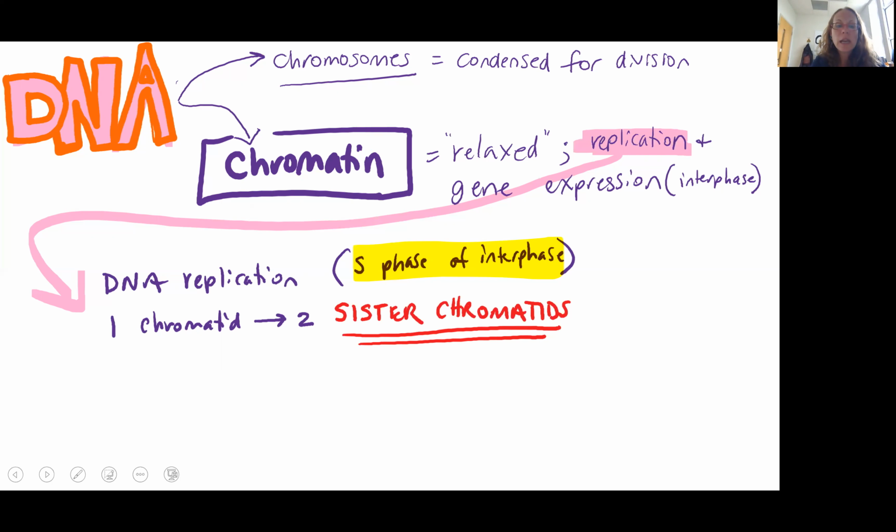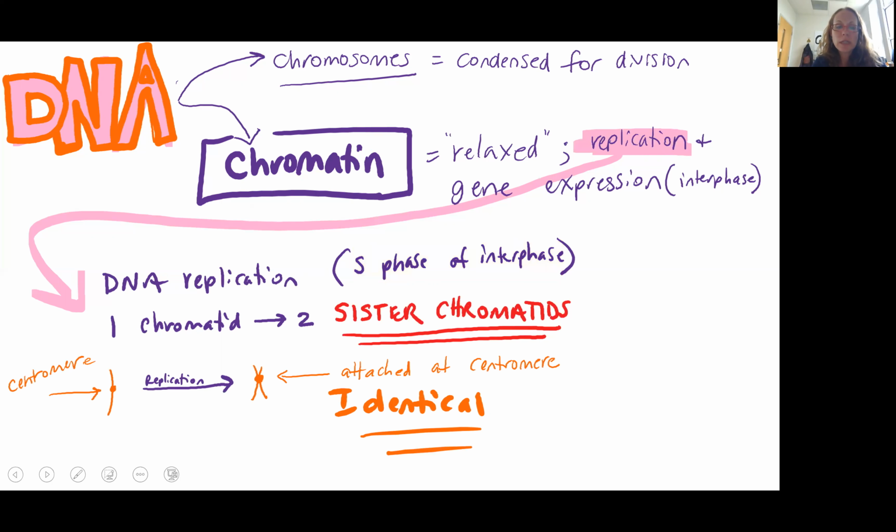We will see that you will have what's called a chromatid, and it will duplicate itself so that you go from one chromatid to 2 chromatids, and we will call these 2 chromatids sister chromatids. So this is a specific term. Sister chromatids are attached at a location called the centromere. So we go from one chromatid to 2 identical twin sister chromatids attached together at the centromere.